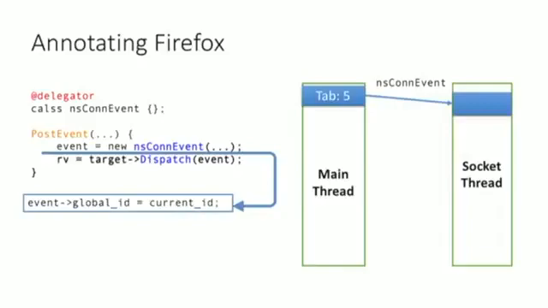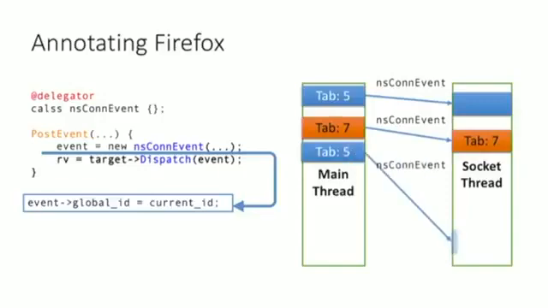whenever we have a new instance of the delegator class, we instrument another line to inherit the current ID, inherit the current global context. And when this event is eventually dispatched to the worker thread, the worker thread, by nature, will know the global context.